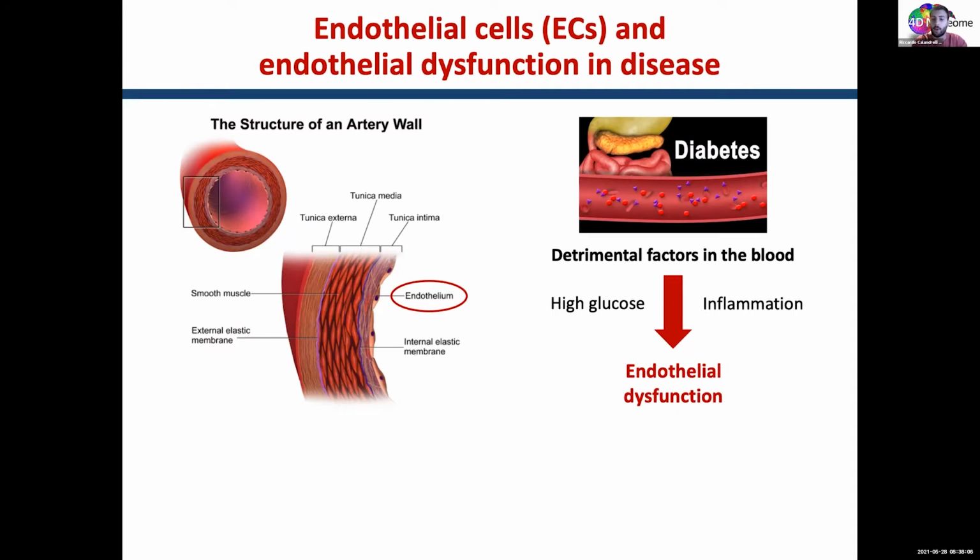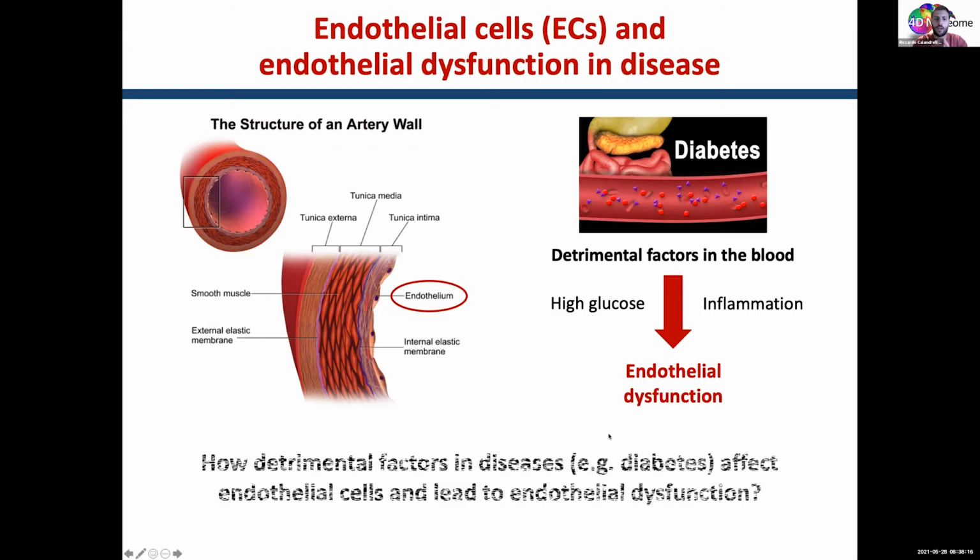One is high glucose or hyperglycemia, and the other are several inflammatory factors. So our main goal with this study is to investigate how these factors lead to endothelial dysfunction, because of course, studying endothelial dysfunction would be significant to understand diabetes and its complications.